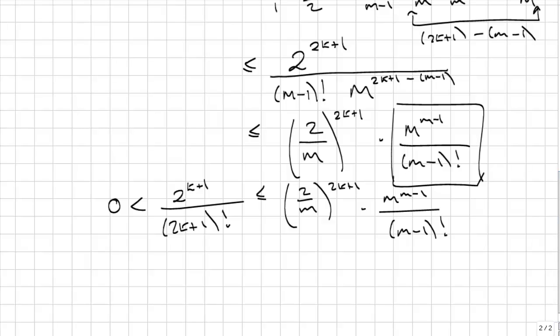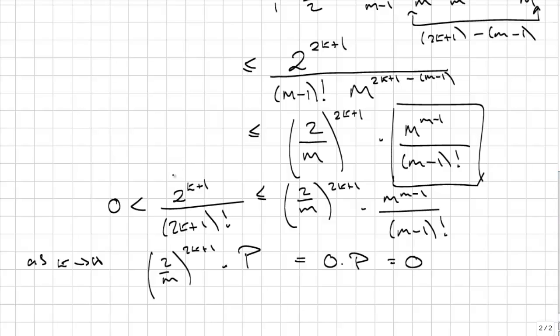And then we're simply going to use the squeeze theorem on this. So we're going to say as k tends towards infinity, we know that obviously 0 is 0, but on the other side we've got 2 over m to the 2k plus 1 times by, I'm just going to call that the constant p rather than write it out again, and that will equal 0 times by p, which will equal simply 0.